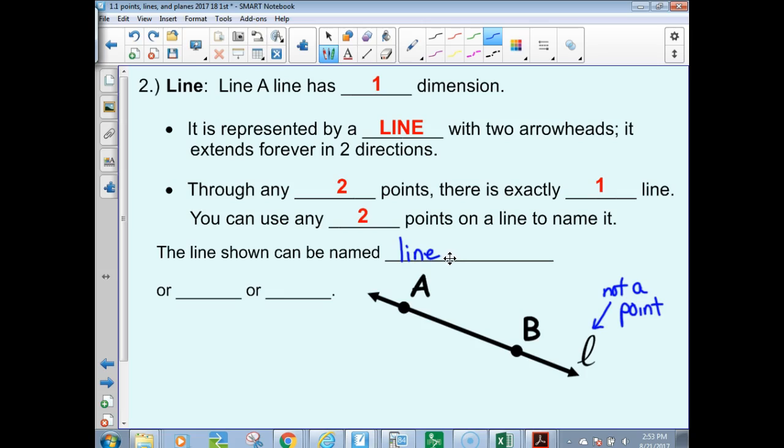You can name the line L, or you can name it with two points on the line, which would be line AB, and you use these symbols. You have to put the little line symbol above the two letters that you use that are points on the line. So the other way I could name this line, because the order of the letters doesn't matter, would be BA.